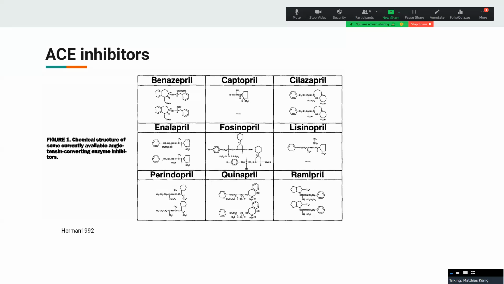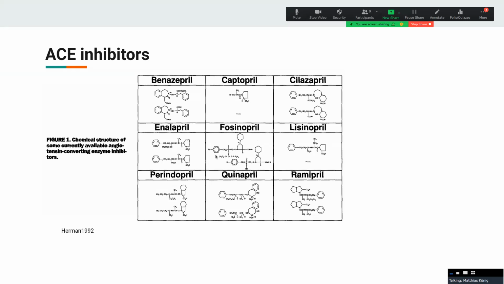That means you want nicer, long-lasting effects so you don't have to take the drug too often, so longer half-lives and so on. Or you want better potency, so you have to give less of the drug, or higher efficacy, so the drug should do more. So often you find certain patterns, and then you just change that.